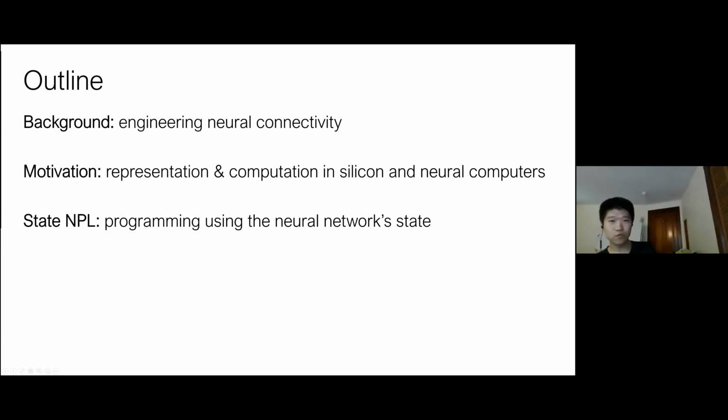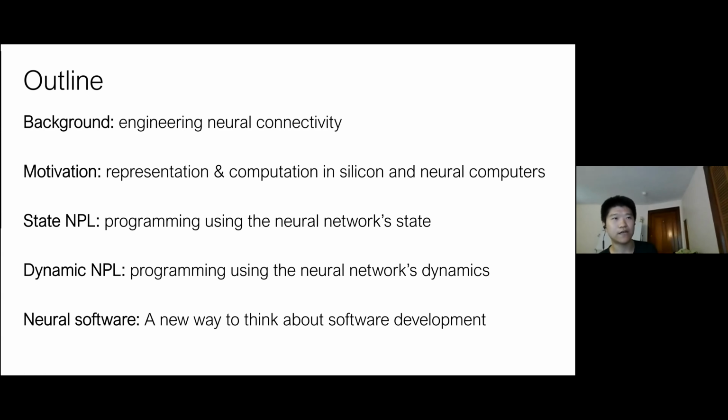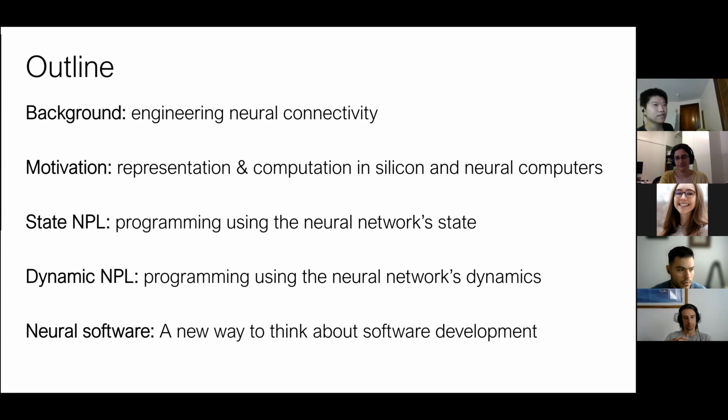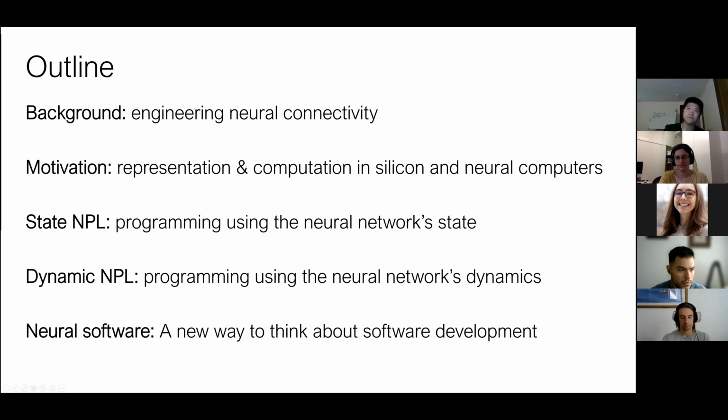Then I'll talk about two different programming languages for neural networks. One is a state neural programming language, and the other is a dynamic neural programming language. And then finally, I'll go a little bit into my vision for the development of neural software, a new way to think about software development.